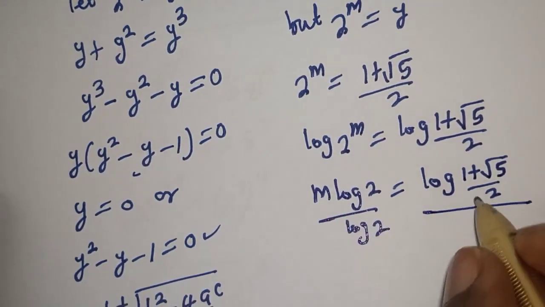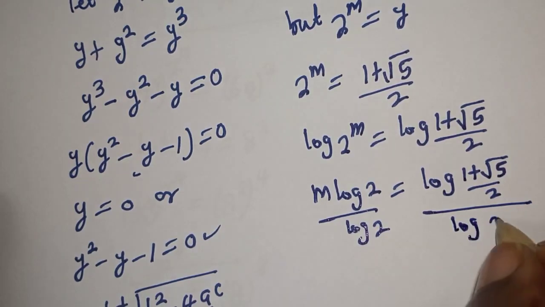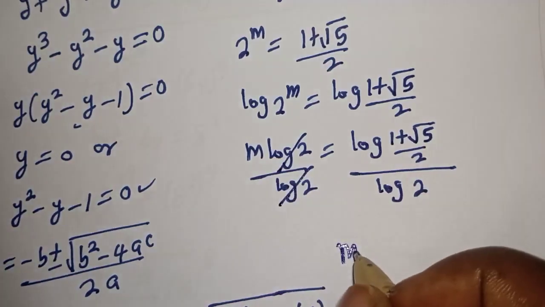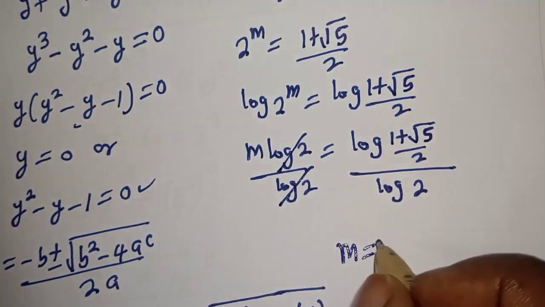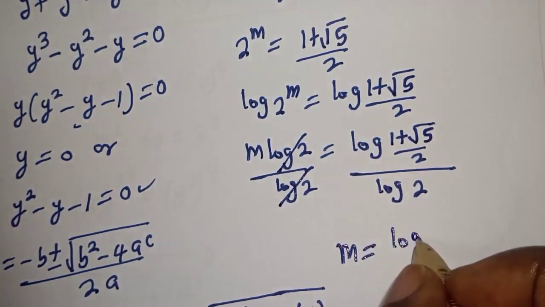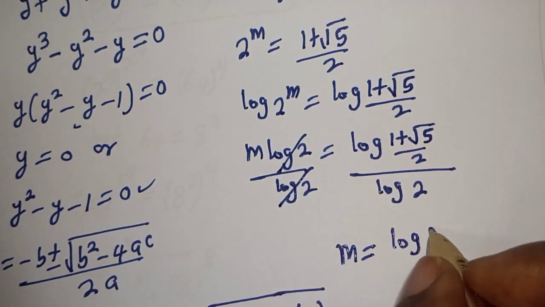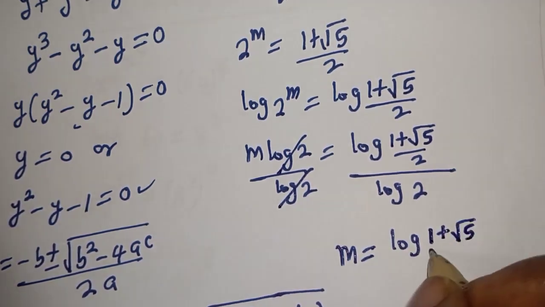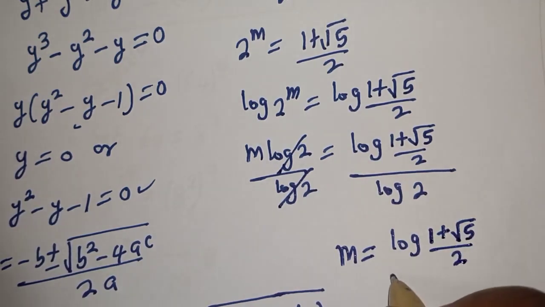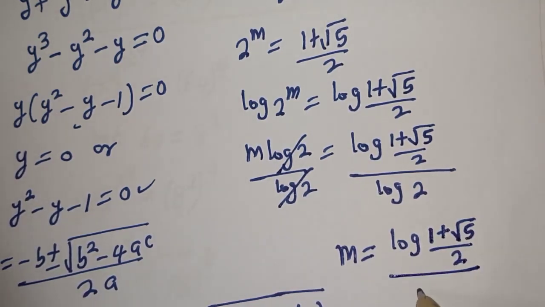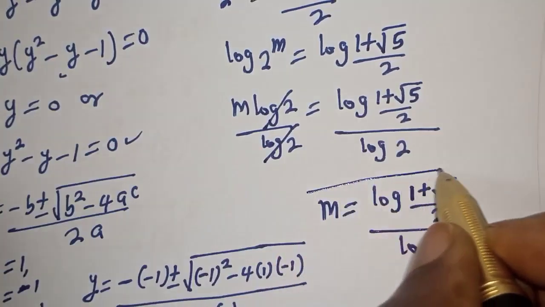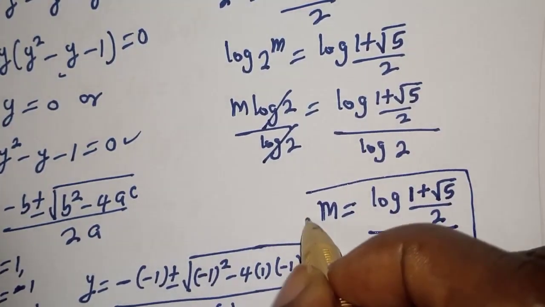This will cancel this. m is equal to log of 1 plus root 5 over 2 divided by log 2. And this is the final answer.